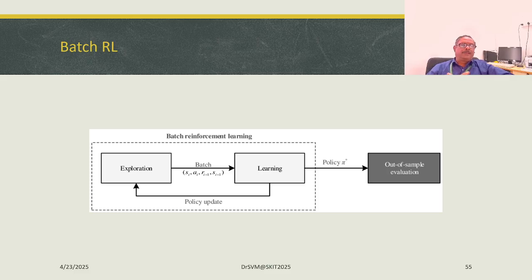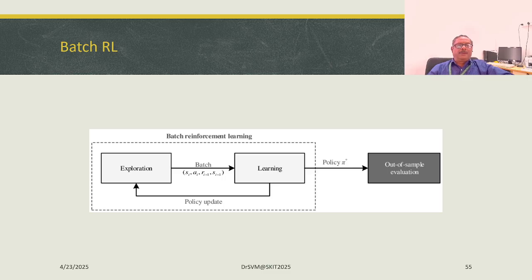So in batch reinforcement learning, we have the environment and our agent will explore the environment and find what actions produce what type of rewards under which state.